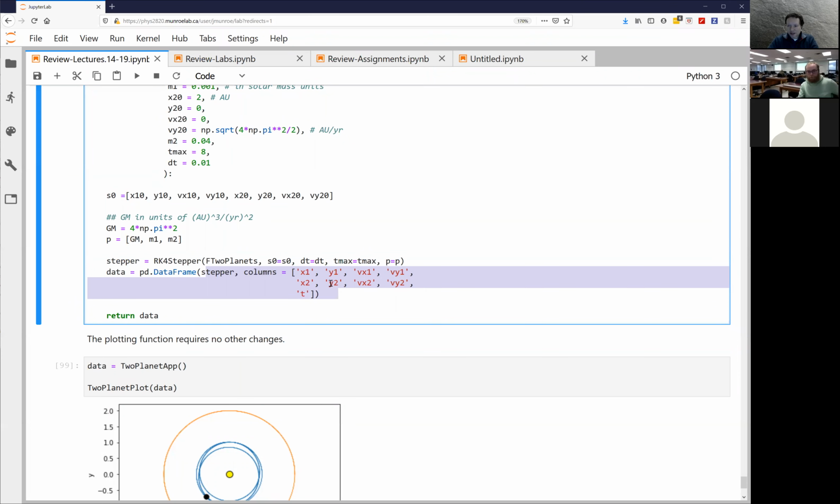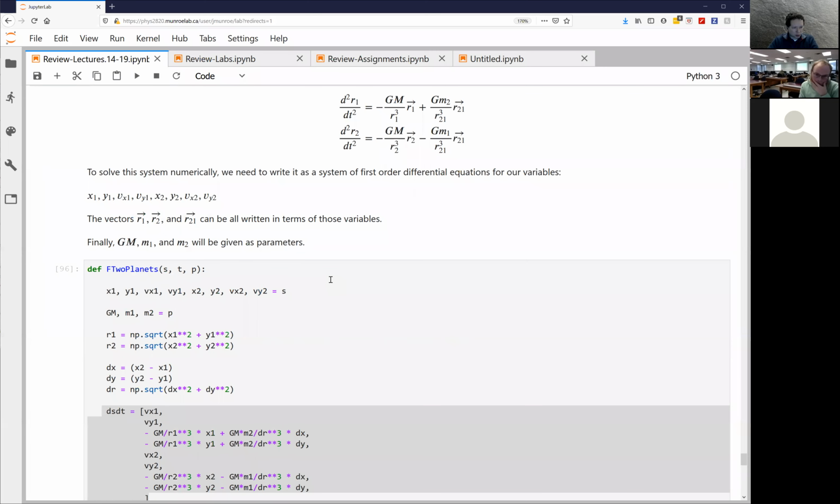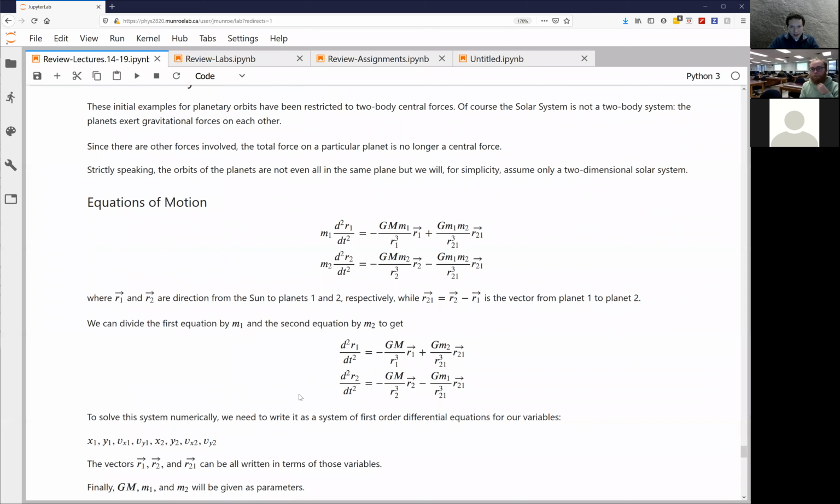There's a question in the chat that asks me, in F planet, what is the purpose of dx and dy? Okay, let's go back to the setup, right? These notebooks are not just the code. The code is only the implementation. All this text is really important in understanding the problems.